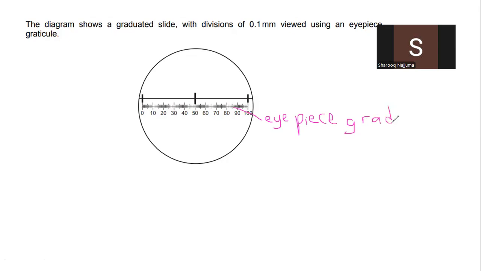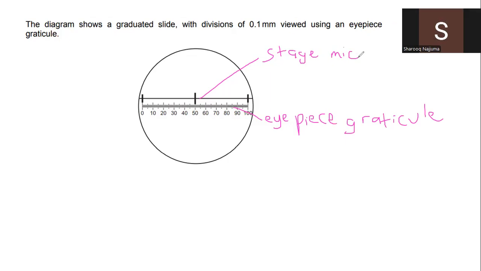The one with the larger divisions is always the stage micrometer. So this is the eyepiece graticule, and this is the stage micrometer.